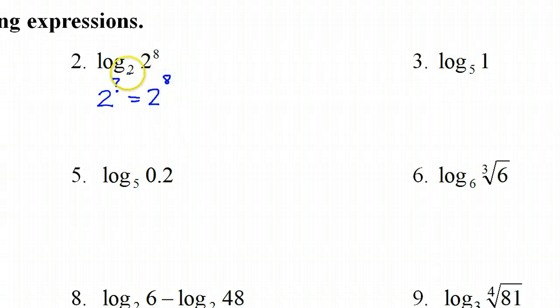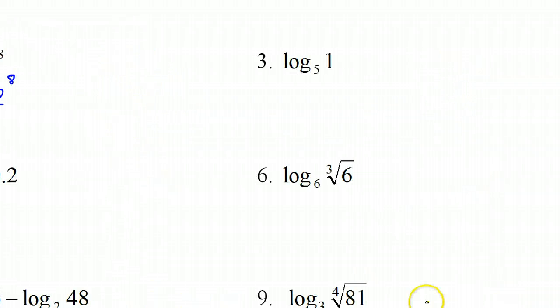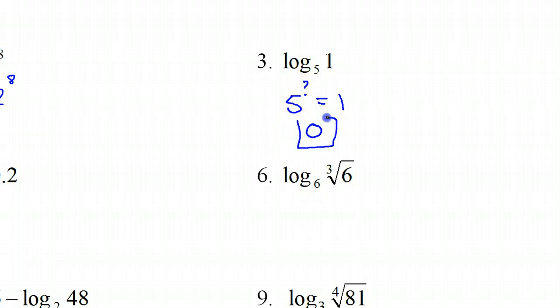Alright, it's always base to what power makes the rest of it. And you see that the question mark is 8. Bam, bam. Now on this one, we ask ourselves 5 to the what power is equal to 1. Well, that question mark can only be 0. Anything to the 0 power is 1.